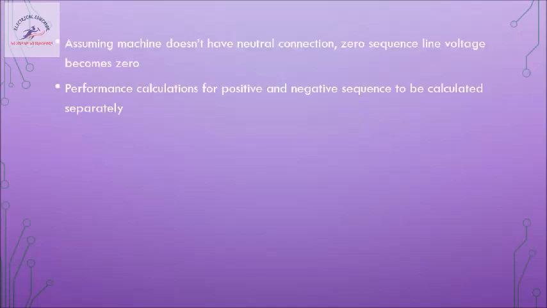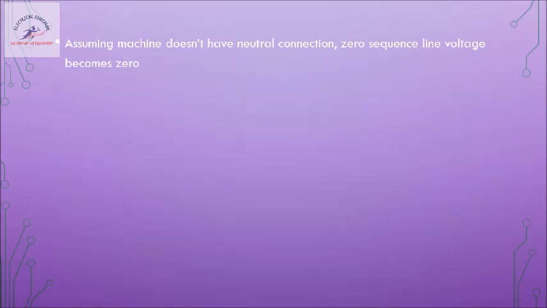So let us proceed. Now assuming that the machine does not have a neutral connection, the zero sequence can be avoided from our analysis. That is, the neutral is not connected to a separate terminal.